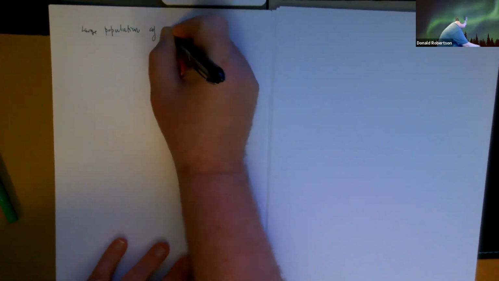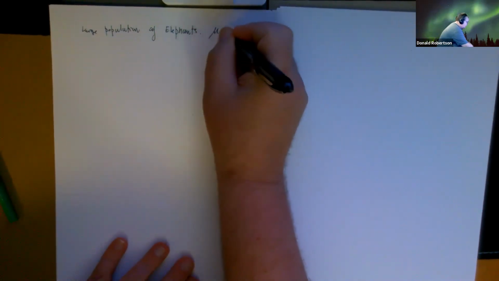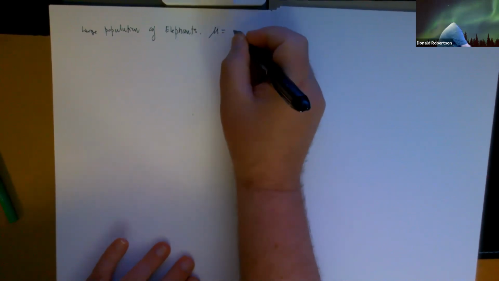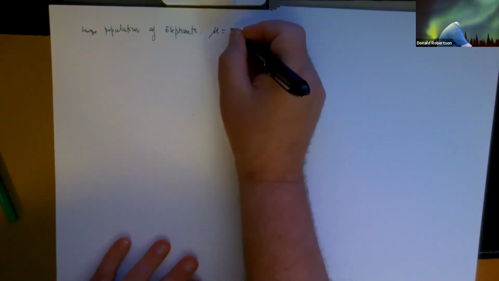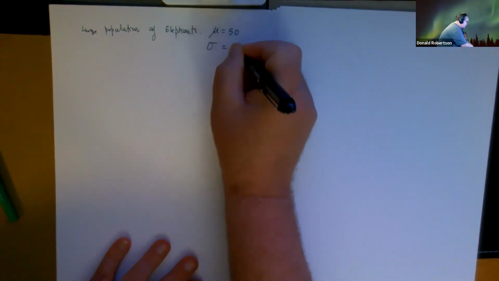We have a large population of elephants. The mean age of these elephants is 50 years, and the standard deviation is 10.